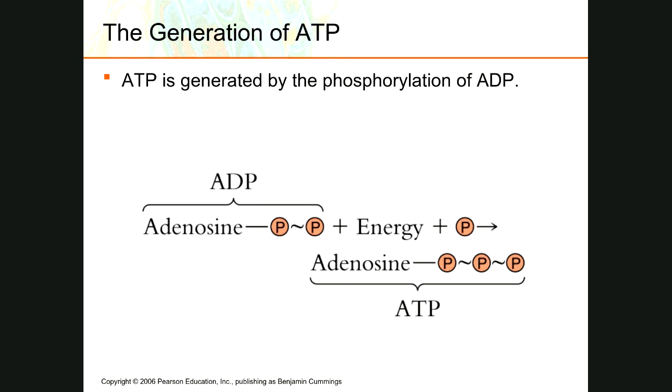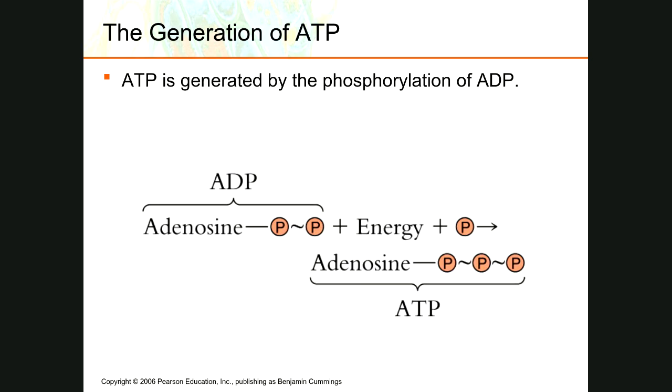And what's ADP? It's not tri, it's di. Adenosine diphosphate. So here we have the phosphate groups, and the cell is actually going to remove this terminal phosphate, and that produces the ADP.